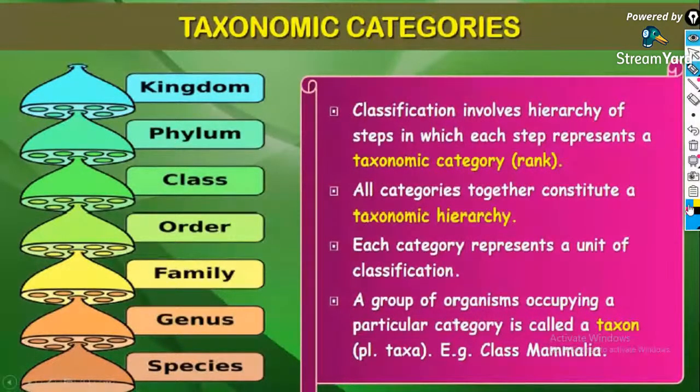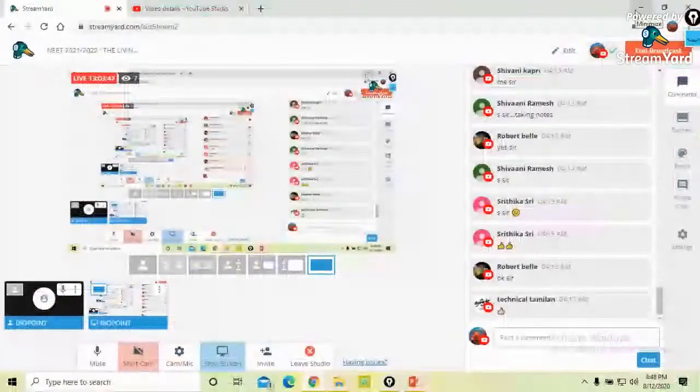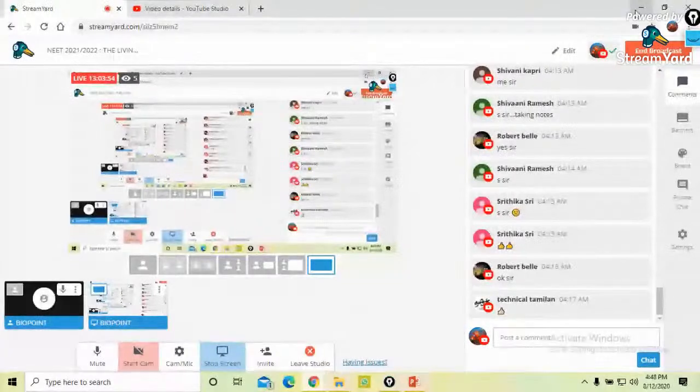Can we move? Give me a thumbs up on the chat box. Yes, very good. Once again, give me a thumbs up on the chat box, everybody in the class. Elsa, Shritika, Shivani, Ramesh, Capri, everybody.